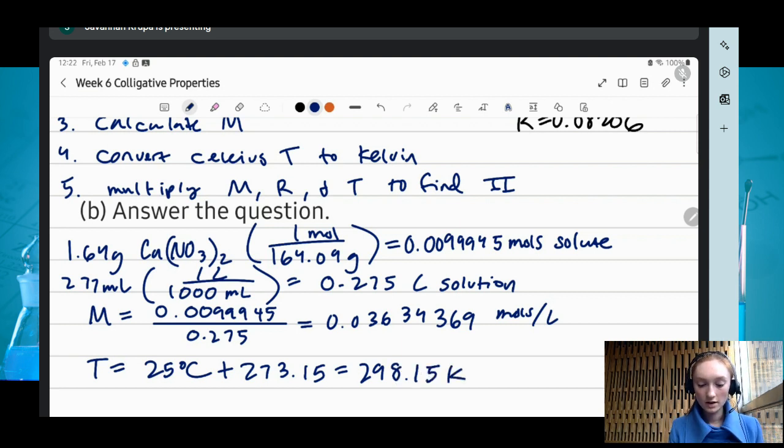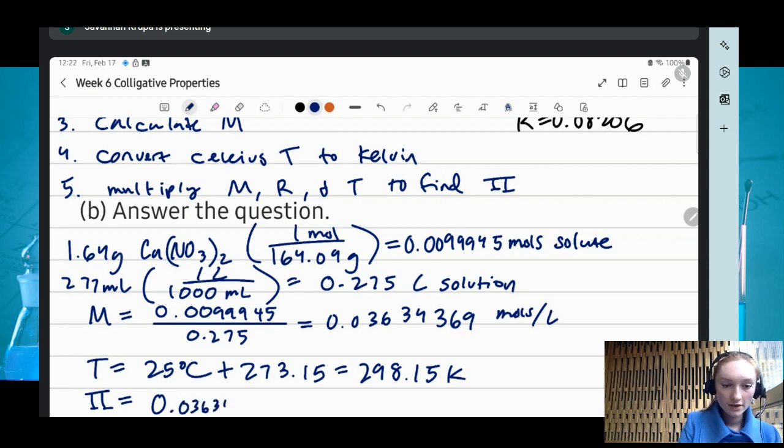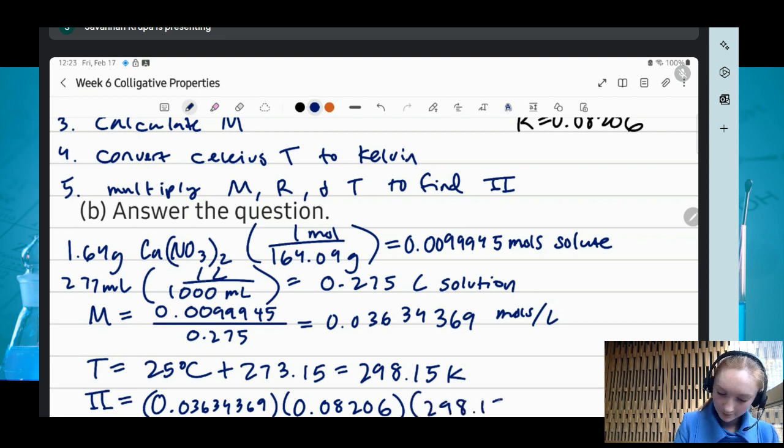Looks like we found all of the variables that we needed to calculate the pressure, so all we need to do is plug all of those in. So the osmotic pressure will be equal to, first of all, the molarity that we just found, which was 0.03634369, multiplied by the R constant, which was 0.08206, and then finally multiplied by the temperature, 298.15.